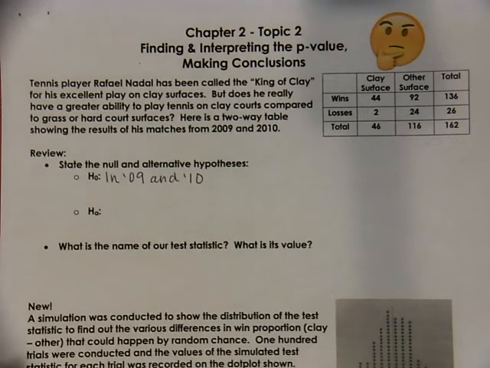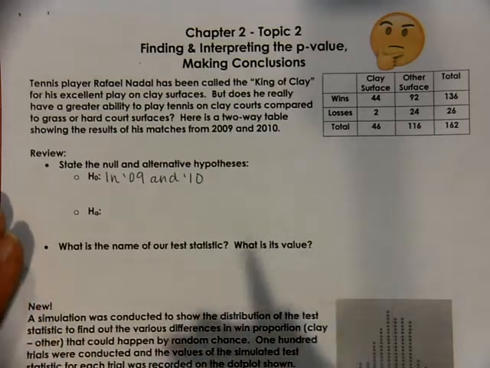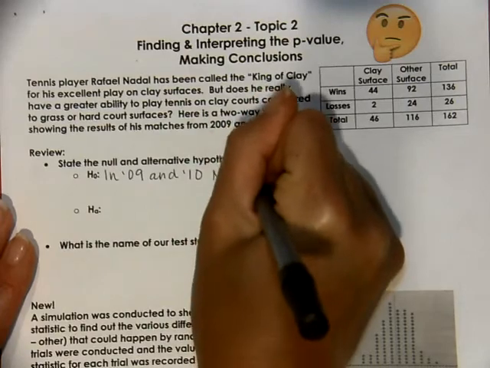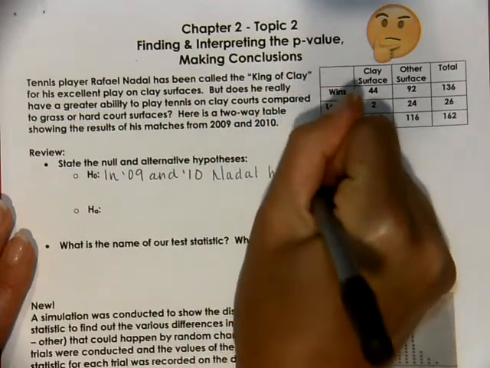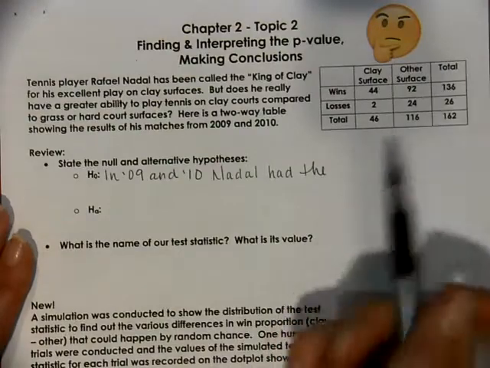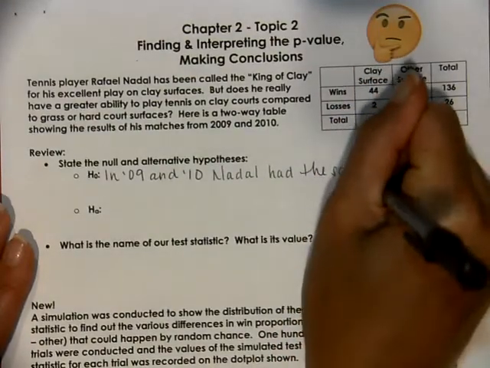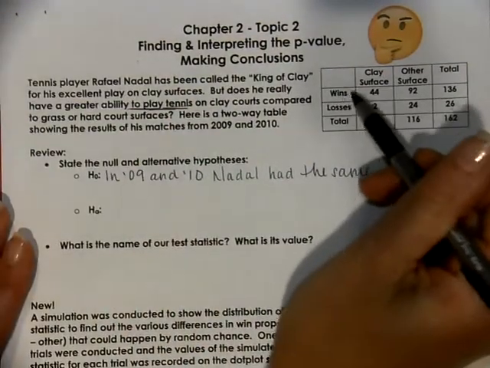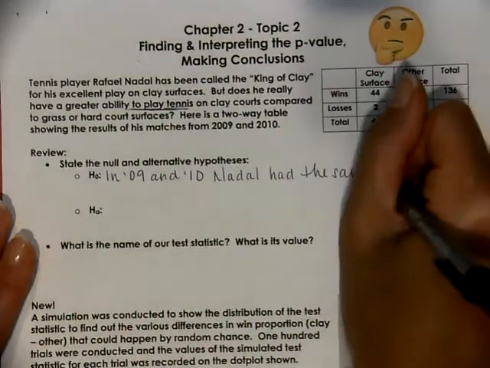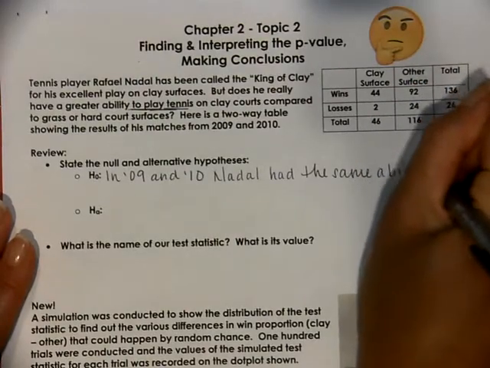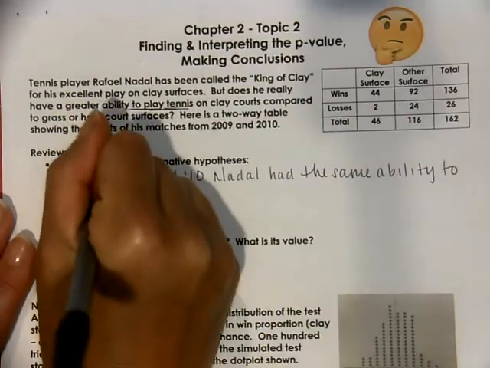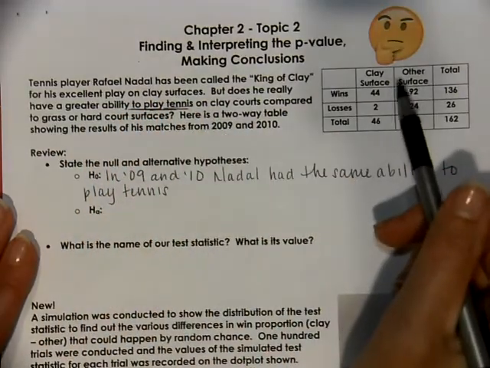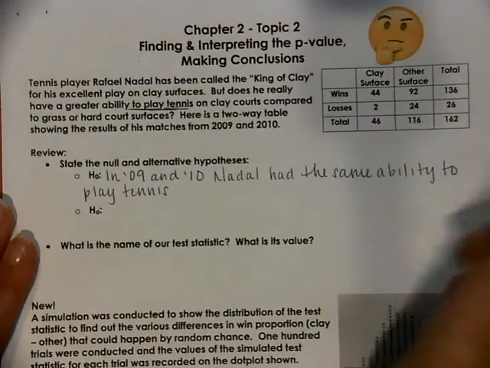So in 09 and 10, Nadal had the same ability, you could say his ability to win or his ability to play tennis, but if you said to win because we're comparing wins and losses, that would be fine too, on clay courts as well as other surfaces.